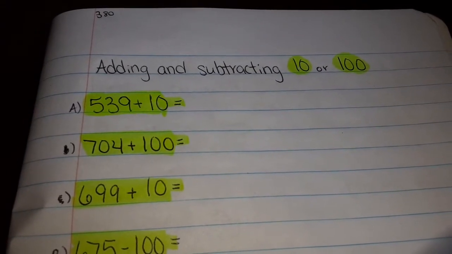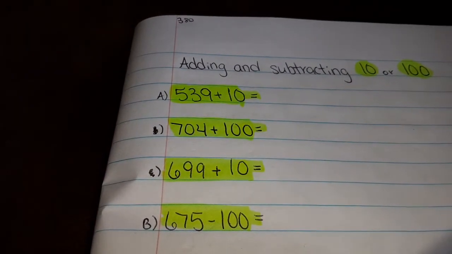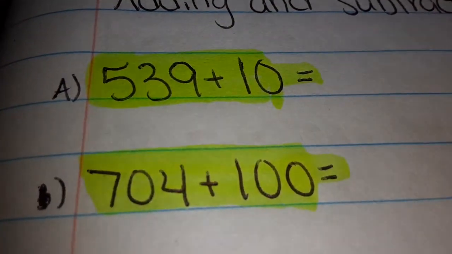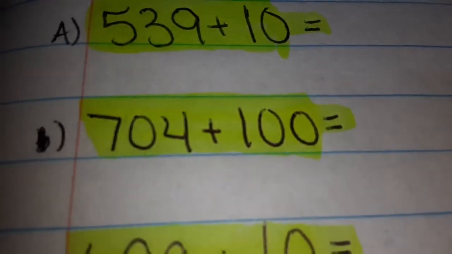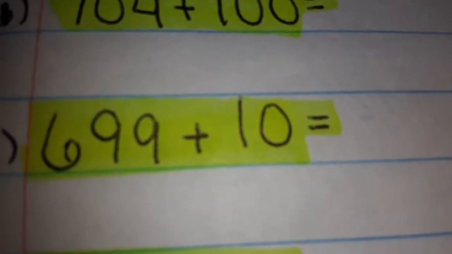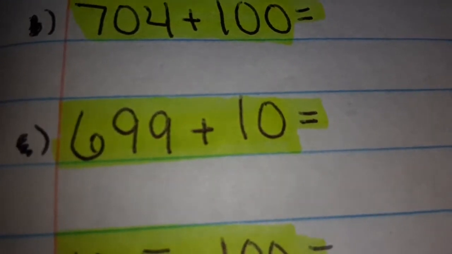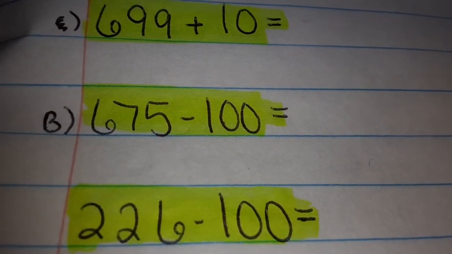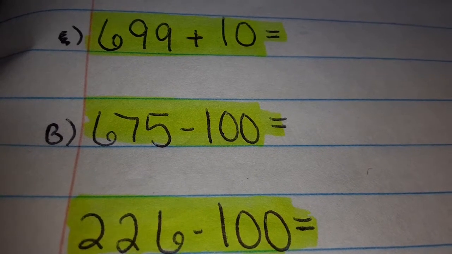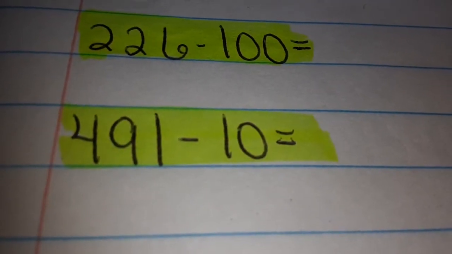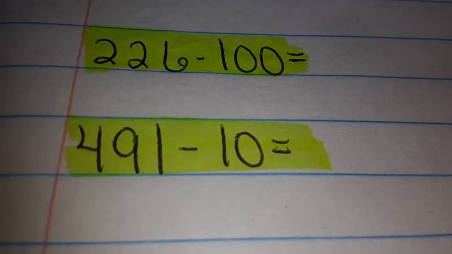Adding and subtracting 10 or 100. 539 plus 10 equals what? 704 plus 100 equals what? 699 plus 10 equals what? 675 plus 100 equals what? 226 minus 100 equals what? 491 minus 10 equals what?